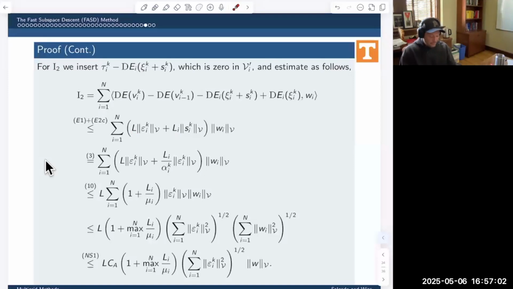Next step is to realize that SI is just equal to epsilon IK divided by alpha IK, right? Because I said epsilon IK is just alpha IK times the search direction SIK. So all I'm doing here is dividing both sides by that.